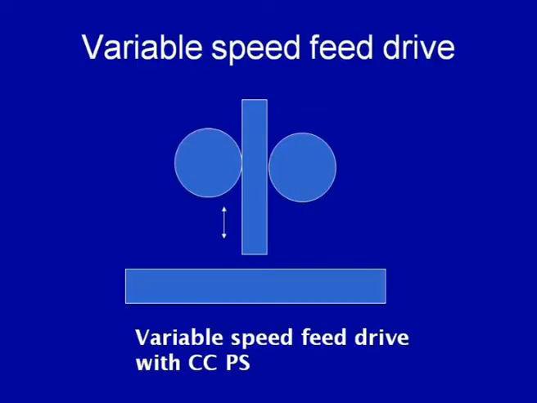Another approach is the variable speed feed drive system. Under these conditions, the constant voltage type of power source is not used, but this kind of feed drive system is used when the electrode diameter is large enough and the electrical resistivity is also low.